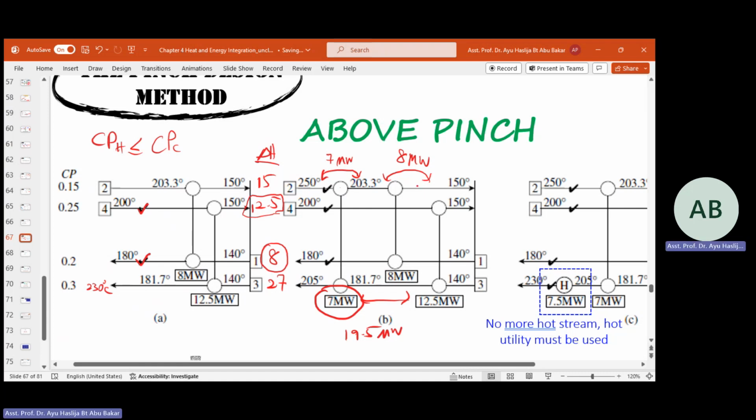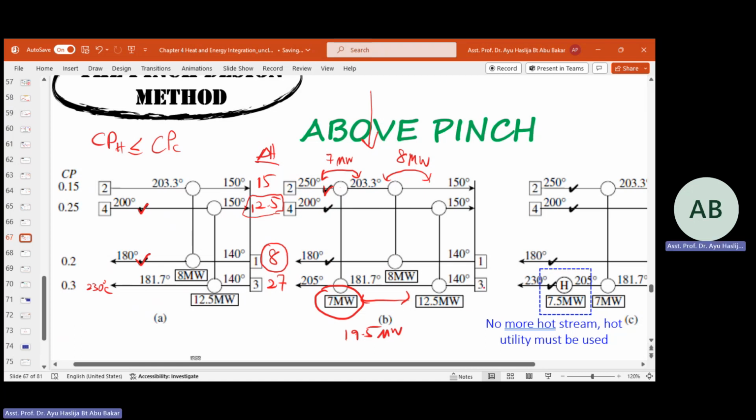Stream 2 is now finished, so tick off. Here, in the middle part, the streams have given out the heat and received the sufficient amount. Stream 2 and 4 have given out all the heat. Stream 1 already received sufficient.